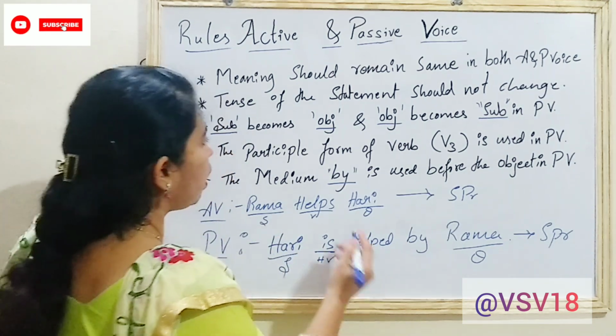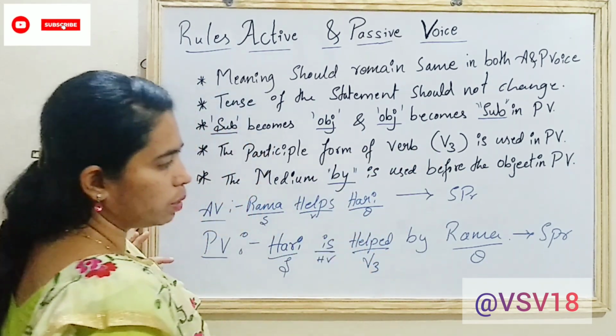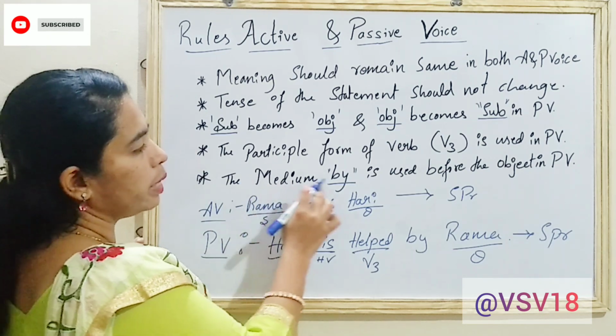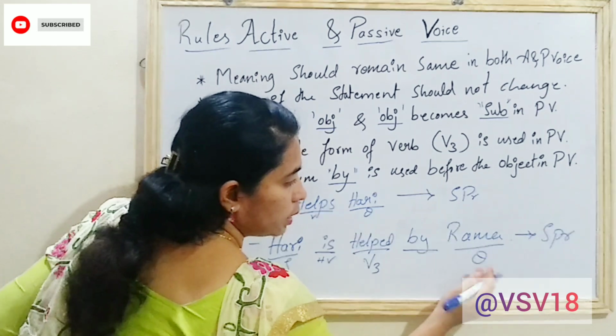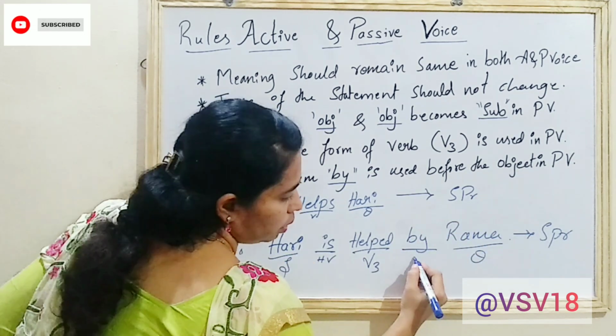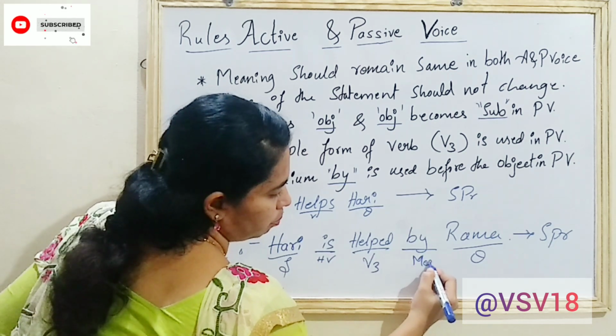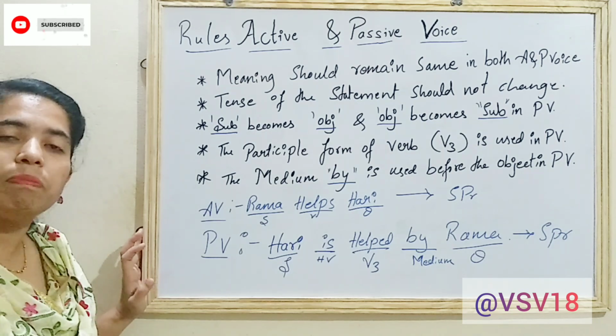According to our rule, the V3 form of the verb is used, and the medium by is used exactly before the object of the passive voice. This is the object; before the object of the passive voice, we used by. I hope this is completely clear.